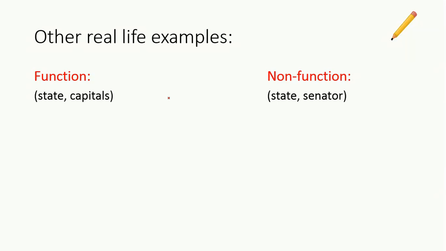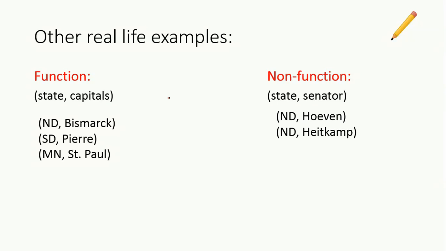Here's some other real-life examples for functions. So one that is a function is a state and its capital. Each state has only one capital. I can't have more than one state with more than one capital. So, like North Dakota has Bismarck. It doesn't have any other capitals. But here's a non-function, a state and its senator. Each state has two senators.